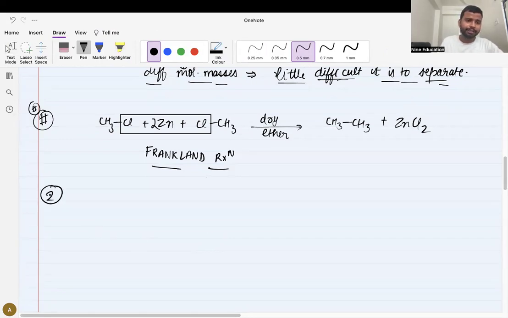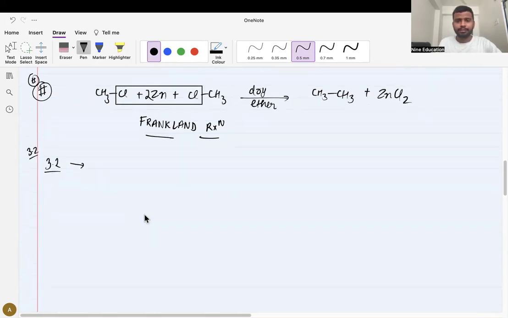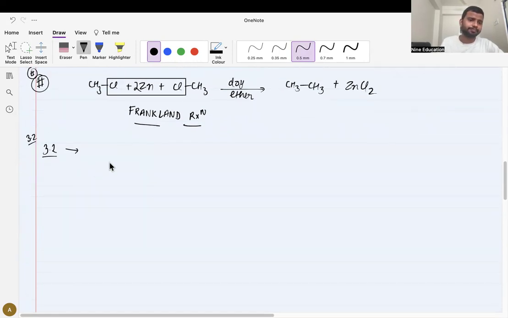Second type of reaction, 3.2, it is reaction with metals. देखें, let's say in this reaction, one alkyl की जगह I use aryl halide. An aryl group being phenyl group or any other group.